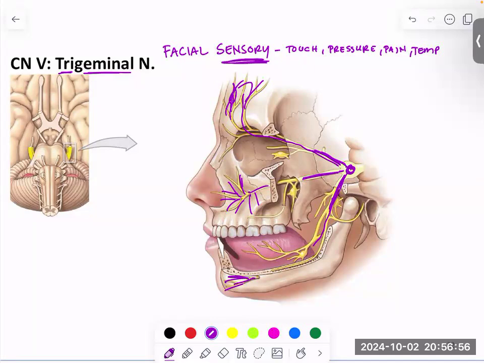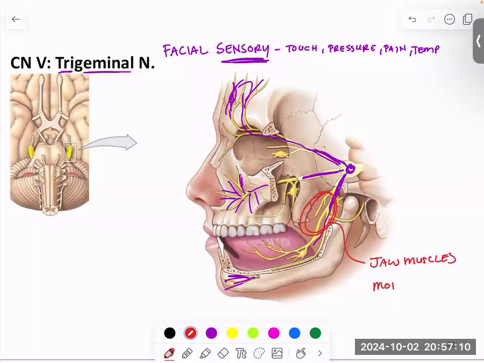This is sensory. It also controls your jaw muscles, opening and closing your jaws. Motor. Folks, this one is both sensory and motor.